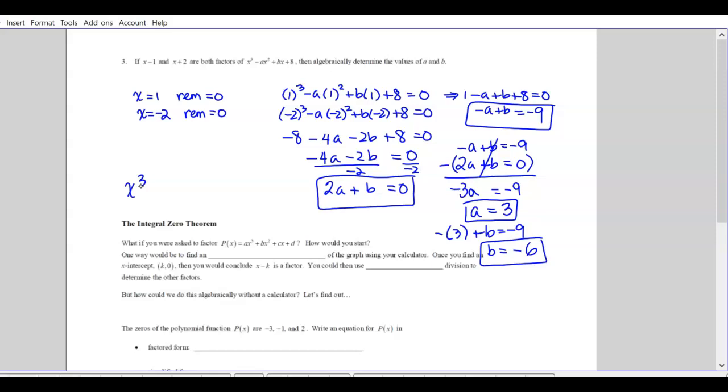So it's going to be minus 3. Because our a is 3, so we're subtracting 3x squared. And then b is a negative. We're adding the negative, so it's minus 6x plus 8. So that's our polynomial expression.